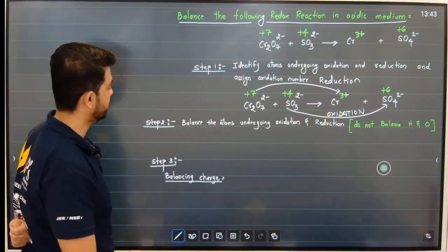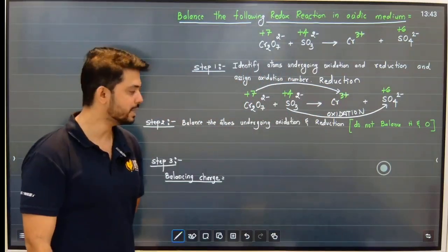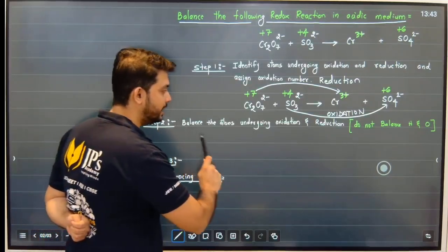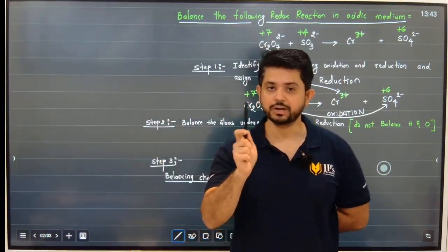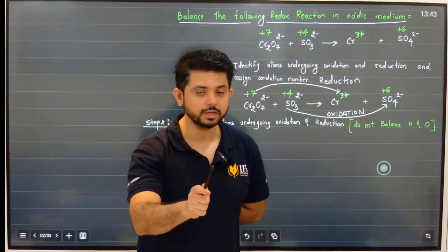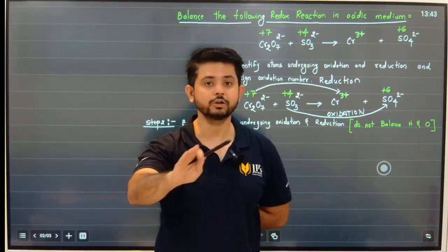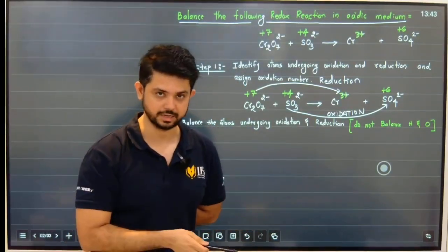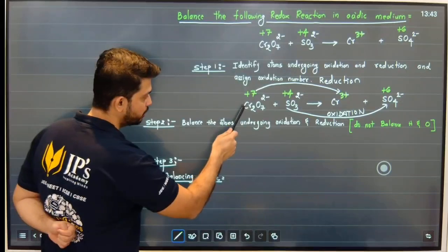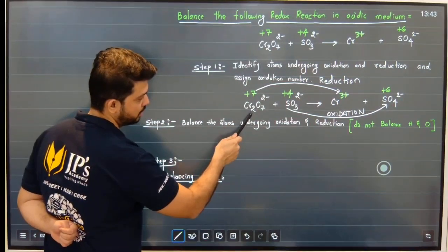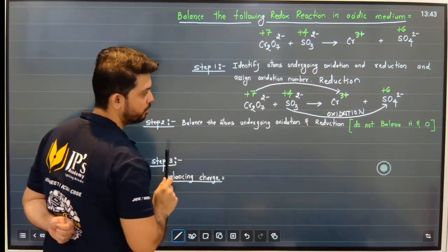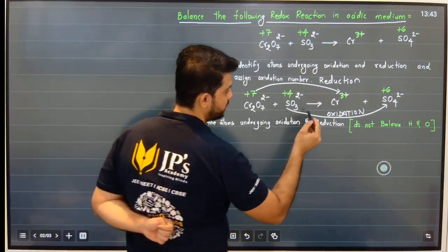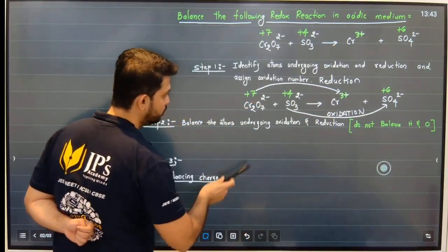That's step number 1. Now what we do students in step number 2 is we balance the atoms which have undergone oxidation reduction, except do not balance hydrogen and oxygen. हम hydrogen and oxygen को सबसे last में balance करेंगे. So यहाँ पे आप देखिए chromium number of atoms are 2, but here the number of chromium is only 1. तो we will multiply that chromium with 2.